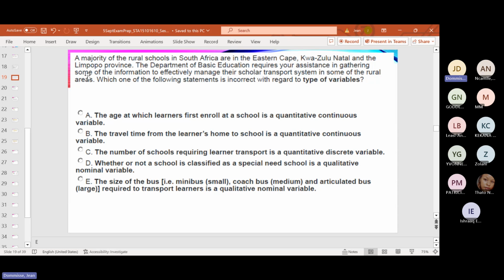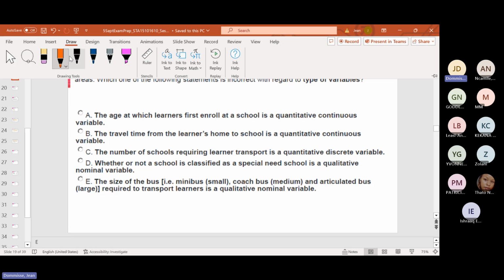The majority of rural schools in South Africa are in Eastern Cape, KZN, and the Limpopo province. The Department of Basic Education requires your assistance in gathering some of the information to effectively manage the scholar transport system in some of the rural areas. Which one of the following statements is, again, incorrect?